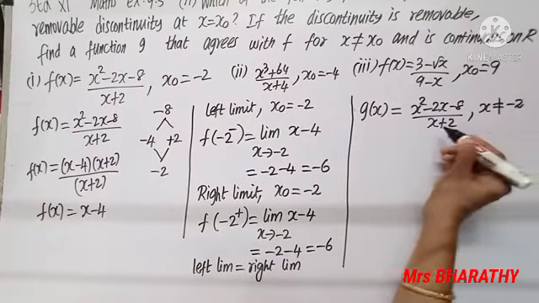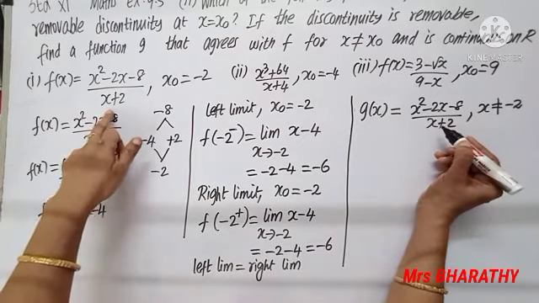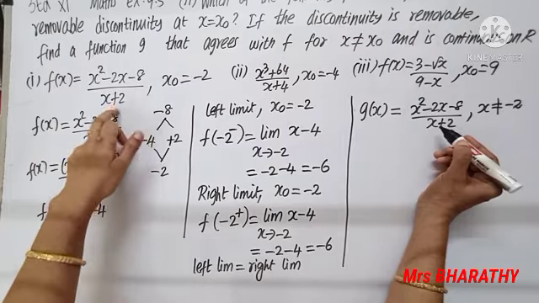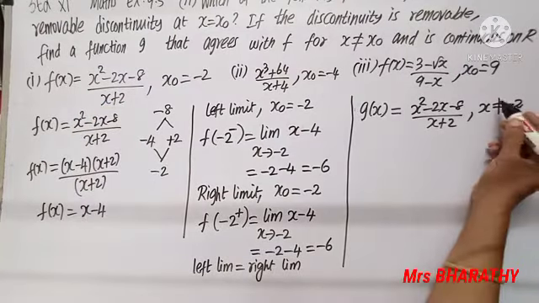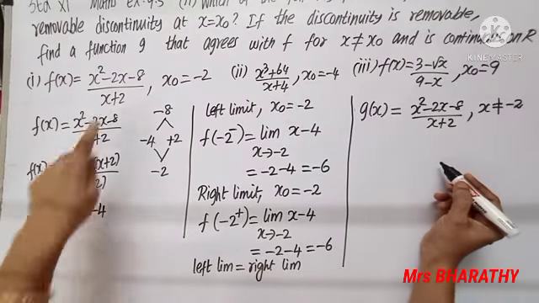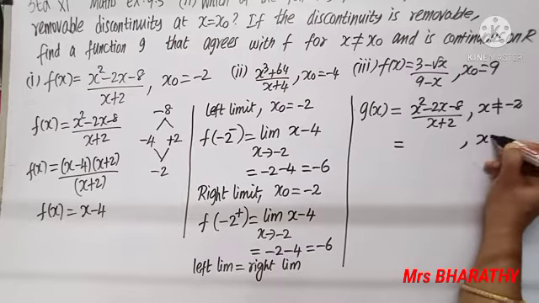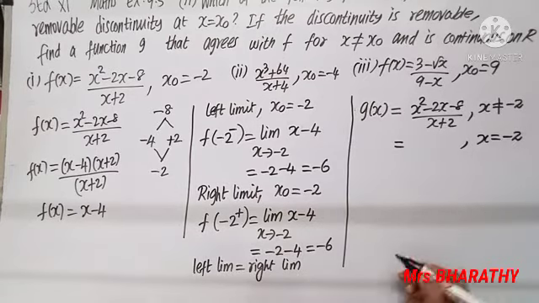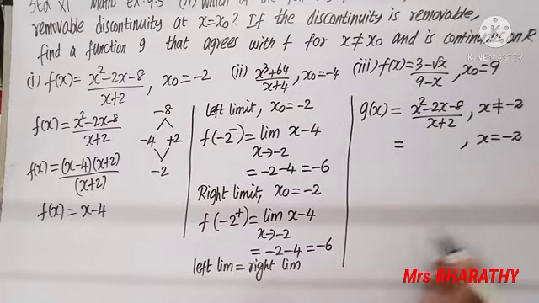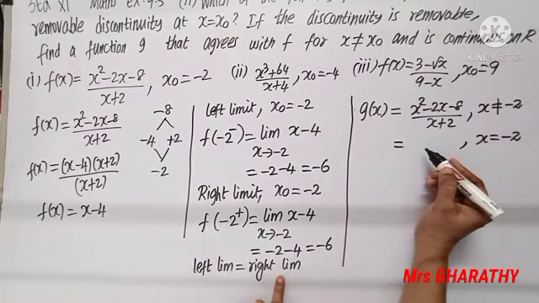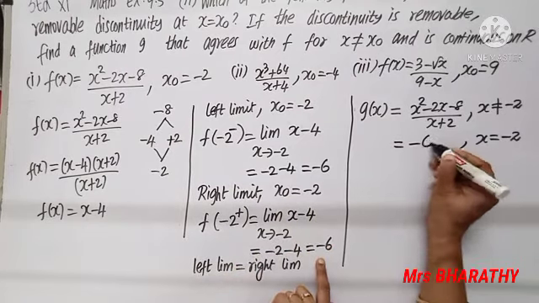If I put -2, -2 plus 2 will become 0. Denominator becomes 0. The function is not defined. So whenever x is not equal to -2, I assume the given function, and when x is equal to -2, because it needs to be continuous, we have to assume the limit value. The left and right limit gives us -6.